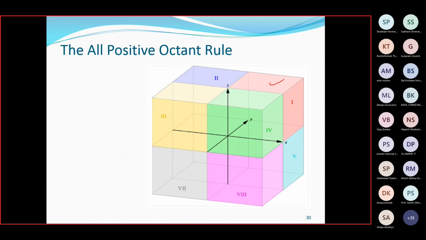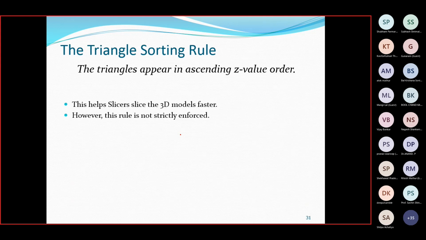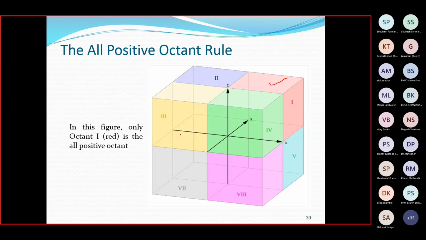Only this cube, or this octant, is going to be positive. So you should draw all the triangles here itself, and you should not go into another octant. That's the concept of the all positive octant rule.